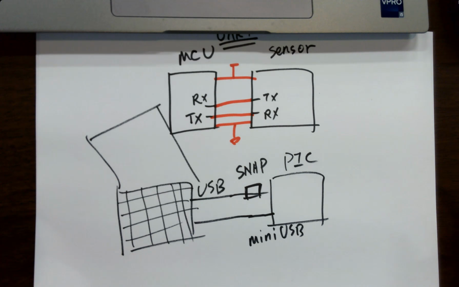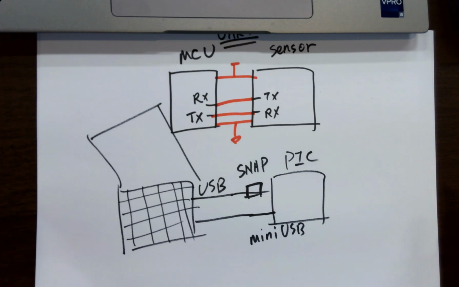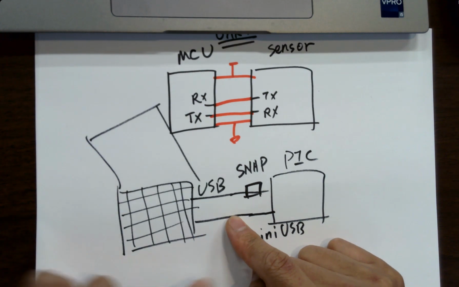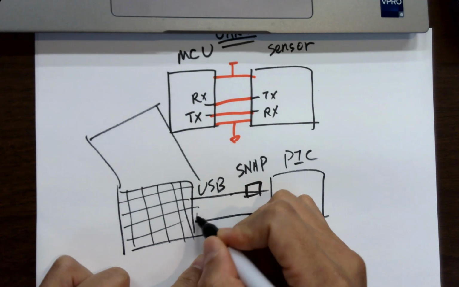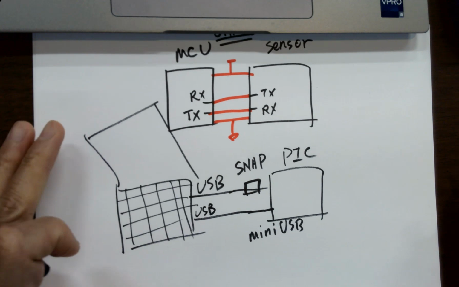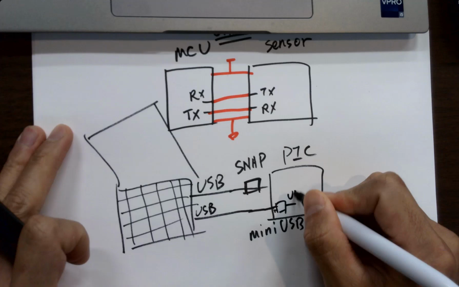Okay. One quick question before I move forward. Which cable do you think is doing that UART stuff? The USB. This one, right? Okay. But this is USB, this is not UART. What's happening? There's a little chip that converts it to UART.